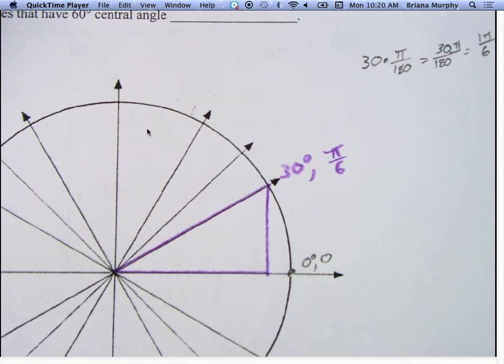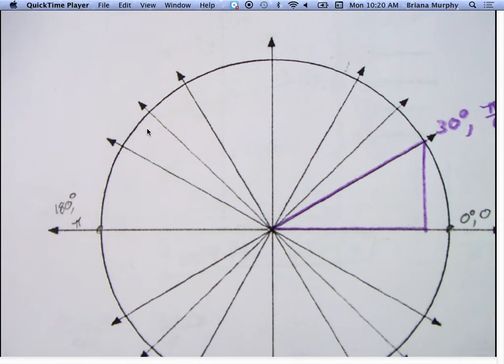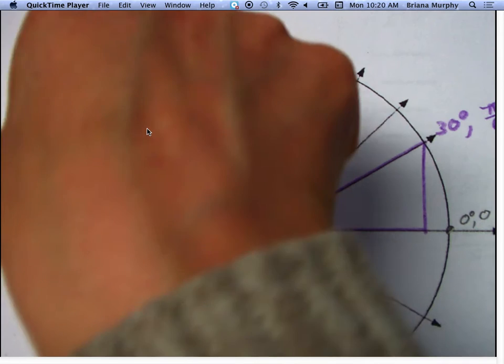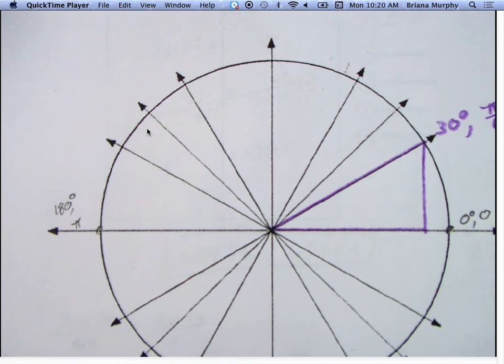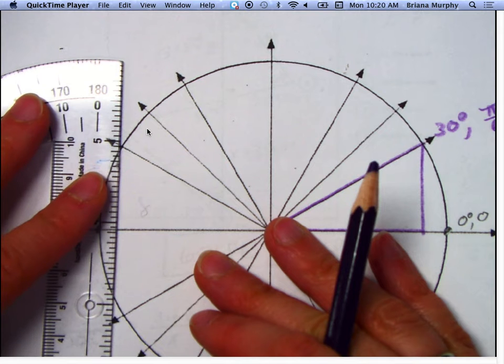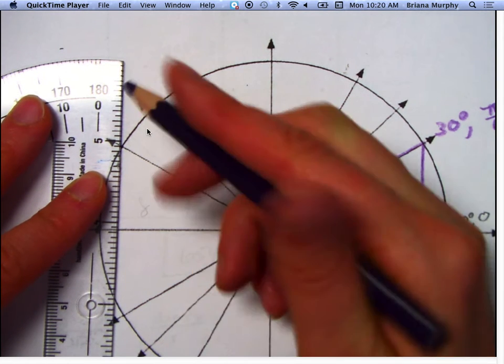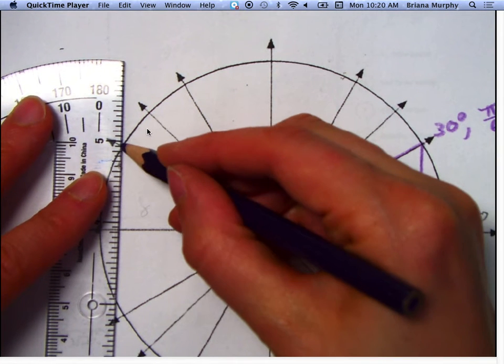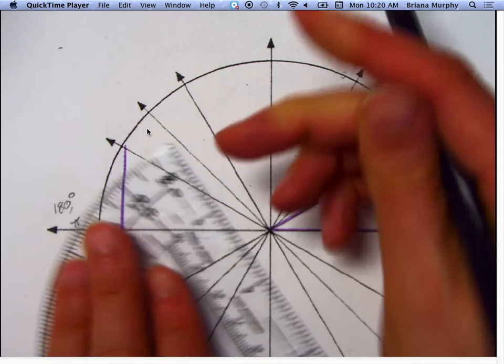Okay. Now I'm going to look at the other 30 degrees. If I was to take a little triangle of 30 degrees, move from one side, I flip it over, and I get this right over here. So this is on the other side of my y-axis.